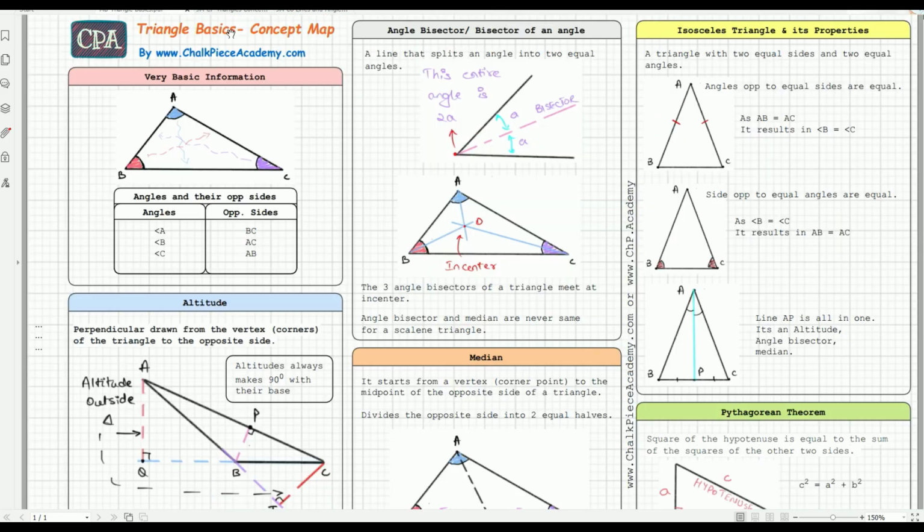Well, it goes back to your basics of triangles. Triangle ADE is an isosceles triangle. Since two sides are equal, by default, the angles will also be equal.